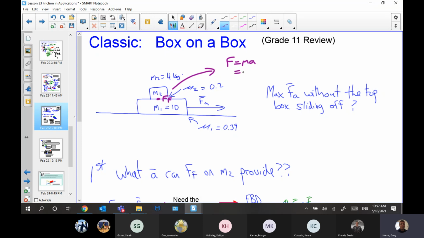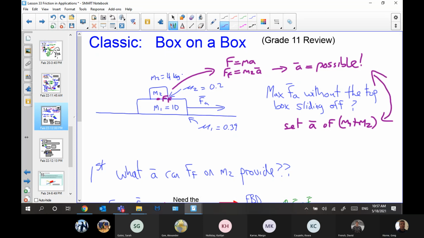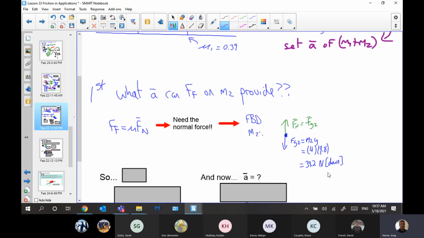So the net force on that block is the friction force, and the mass is m2, and this allows you to figure out the acceleration possible. And then you're going to set the acceleration of m1 plus m2 equal to this value, and then basically solve for what applied force is there. So that's the idea of what's going on there.